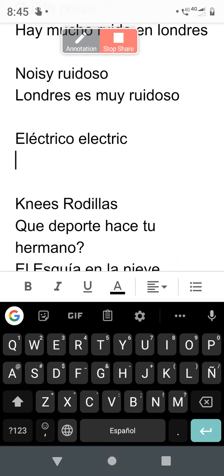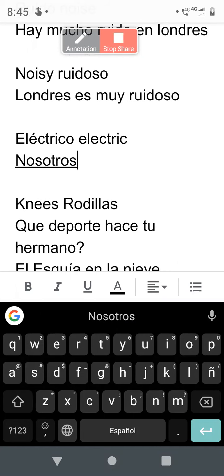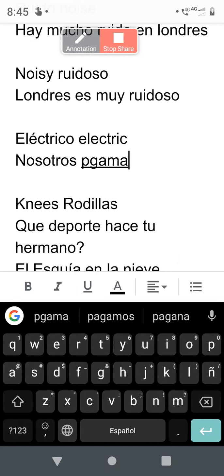We pay a lot for electric in our flat. Nosotros. We pay a lot for electric. Wouldn't you say for electricity? Yeah, potato, potato. Either or. Okay, nosotros pagamos.